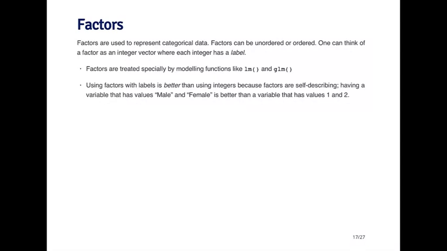In many data sets, you'll find a variable coded as 1 and 2, and it's not easy to know whether that variable is really a numeric variable that only takes values 1 and 2. That's not something that's coded in the data set, so it's hard to tell. If you use a factor variable, then the coding for the labels is built into the variable, and it's much easier to understand.